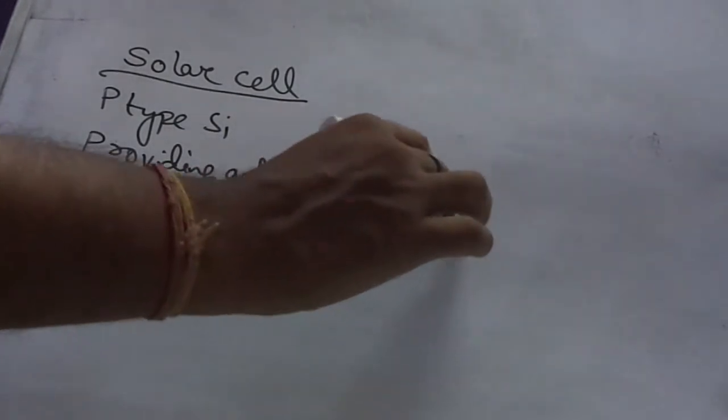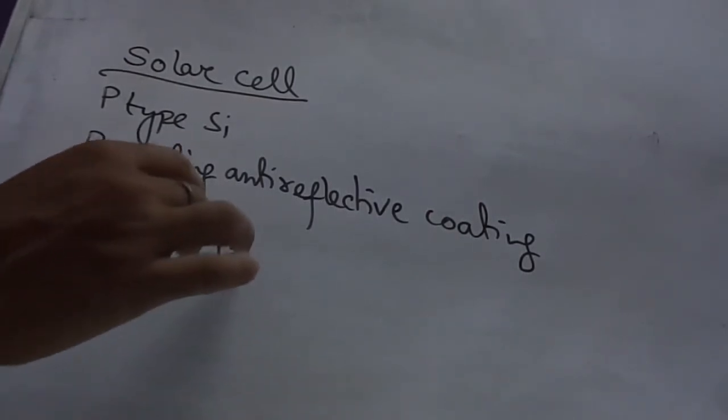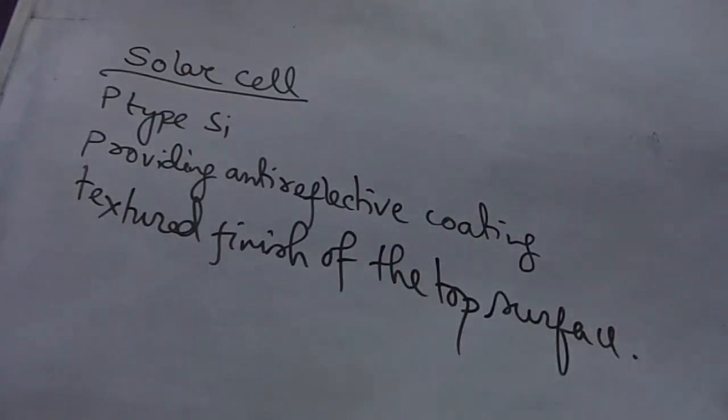For example, providing an anti-reflective coating, and a textured finish of the top surface and reflective back surface. Our next topic is the solar PV module.